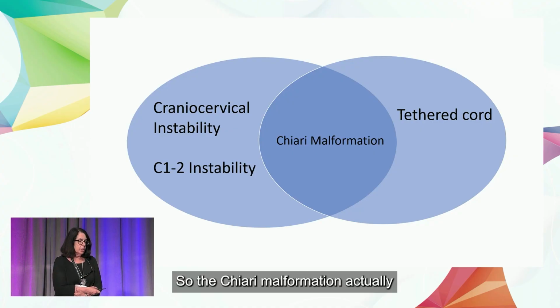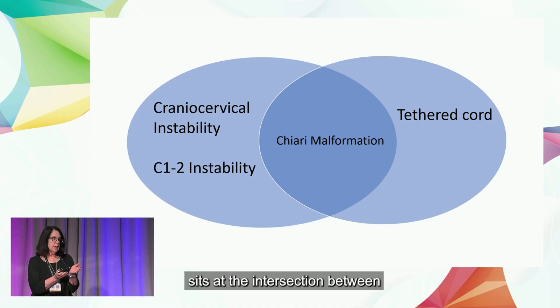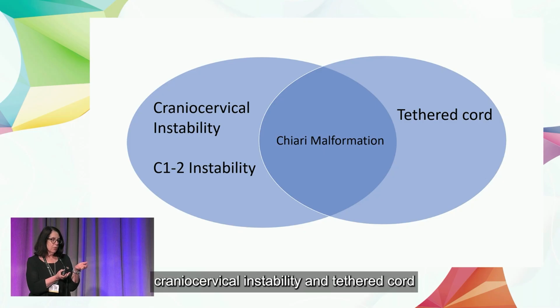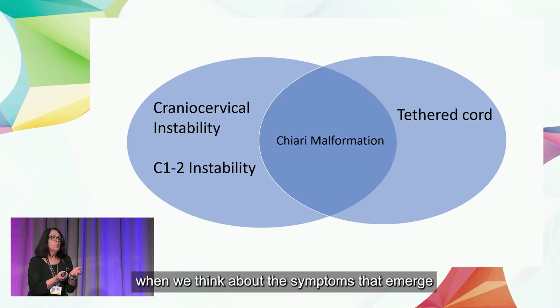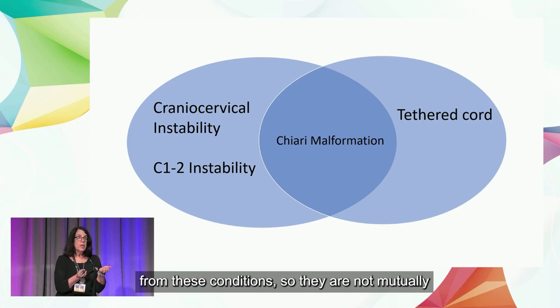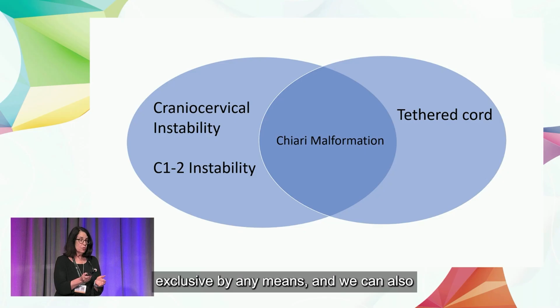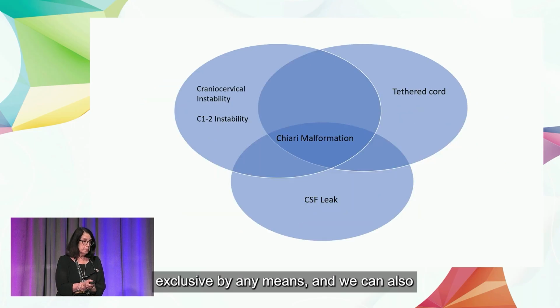So the Chiari malformation actually sits at the intersection between craniocervical instability and tethered cord when we think about the symptoms that emerge from these conditions. So they are not mutually exclusive by any means.